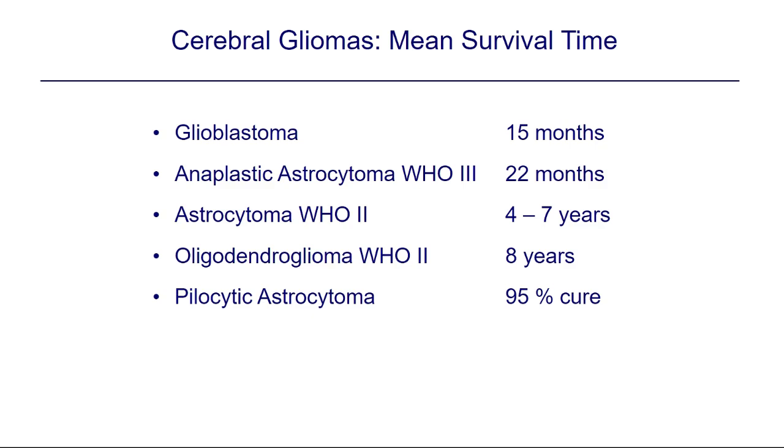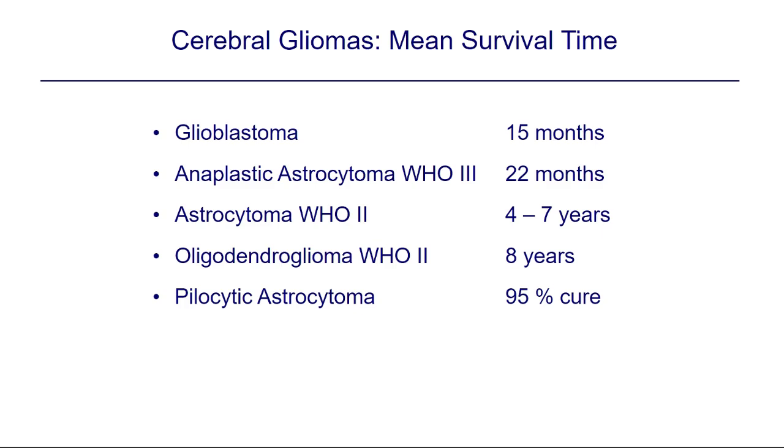Despite these intensive therapeutic efforts, the prognosis of most gliomas is still disappointing. For patients with glioblastoma, the mean survival time is around 15 months. For anaplastic astrocytoma grade 3, 22 months. For low-grade astrocytoma, 4 to 7 years, and for low-grade oligodendrogliomas, about 8 years.